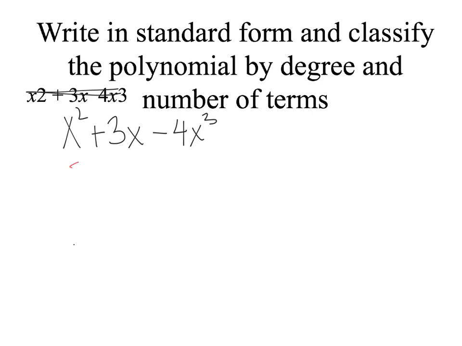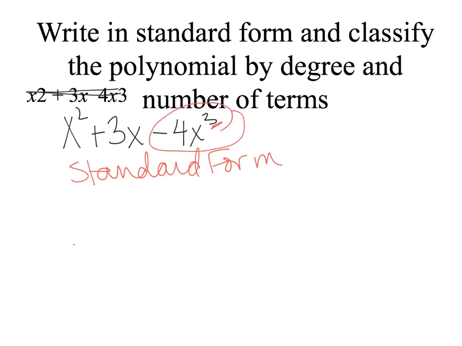So standard form, again, puts it in order from highest power to smallest power. So my highest exponent is a 3. So I want to take the term it's attached to and its value, or its positive or negative sign. So negative 4x to the third.